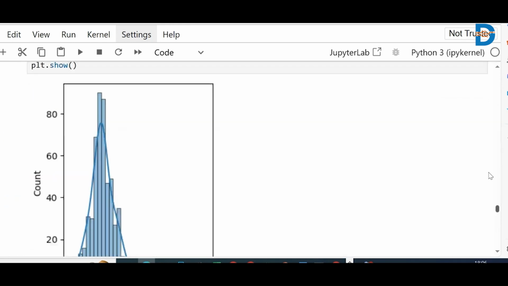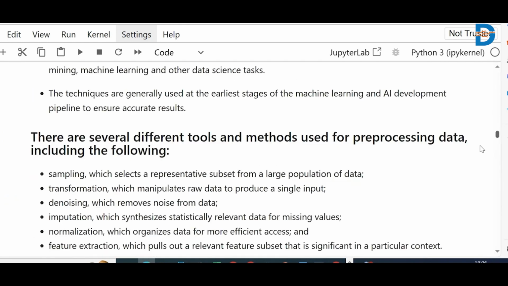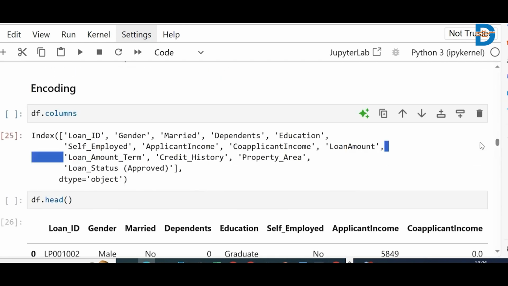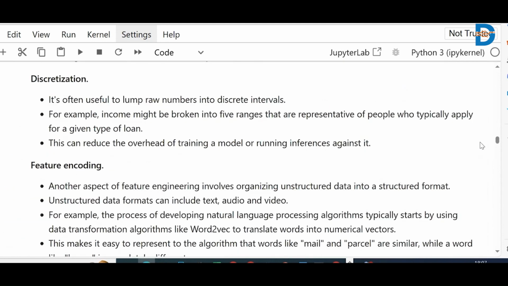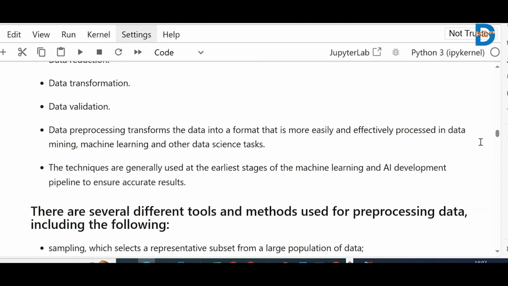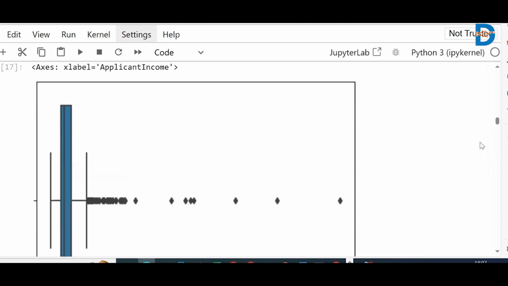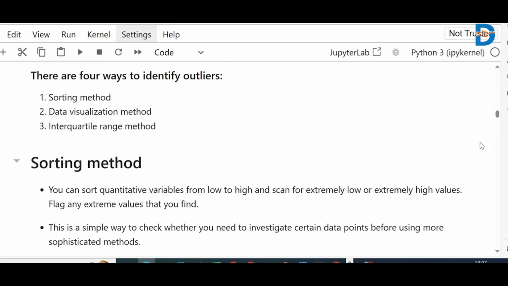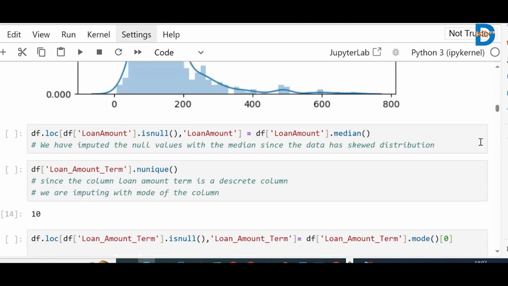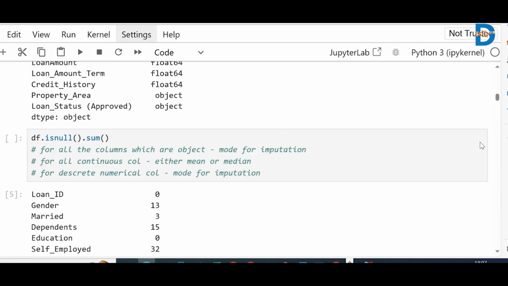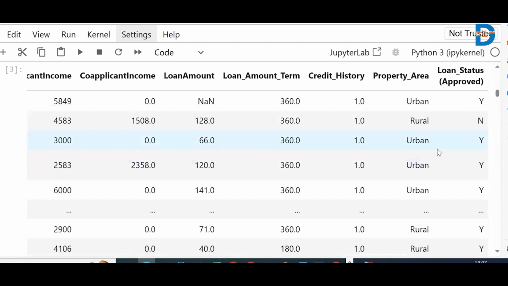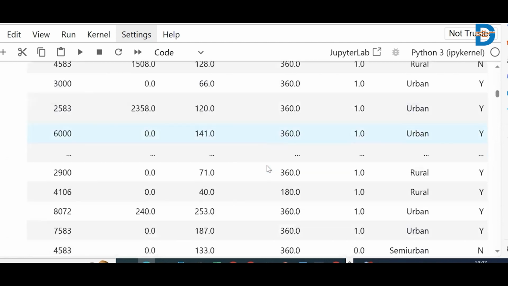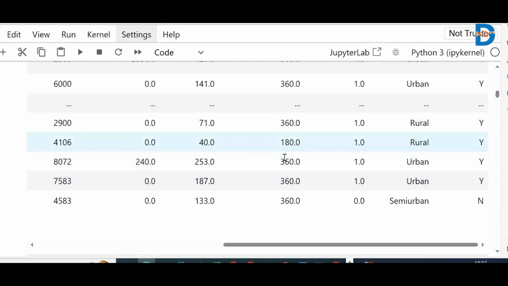Let me show you the data. So this is the data, loan amount tenure. Here you can see the loan amount tenure.